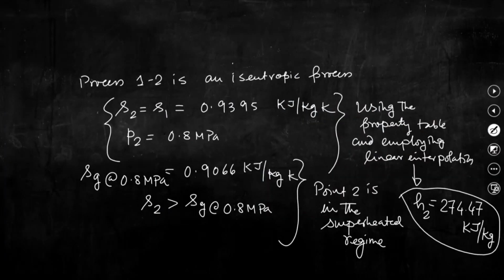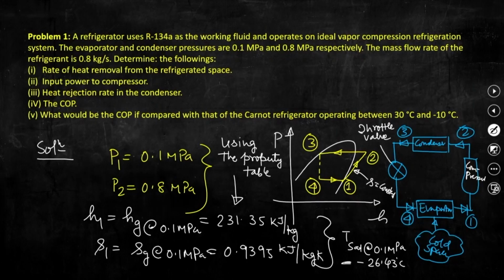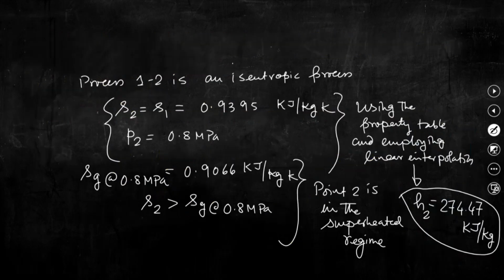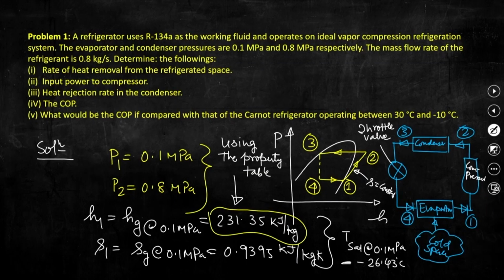Now, if we recall, we have already calculated H1 in the previous slide, that is 231.35 kilojoule per kg. Now, we have calculated H2 again, that is 274.47 kilojoule per kg. Now, what next do we have to do? We have to calculate enthalpy at state point 3.